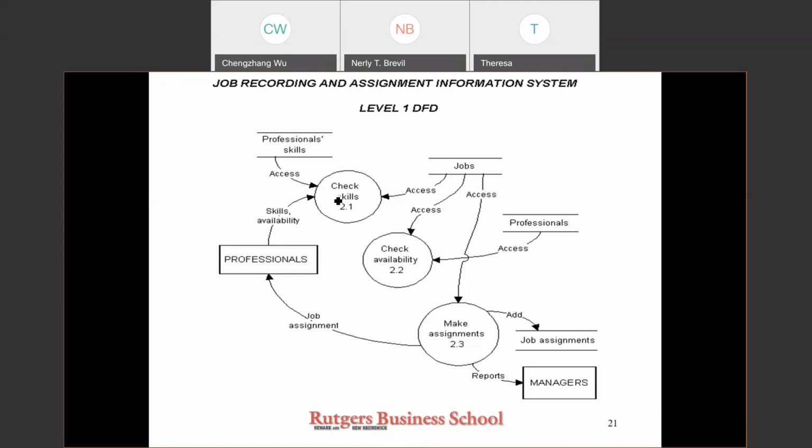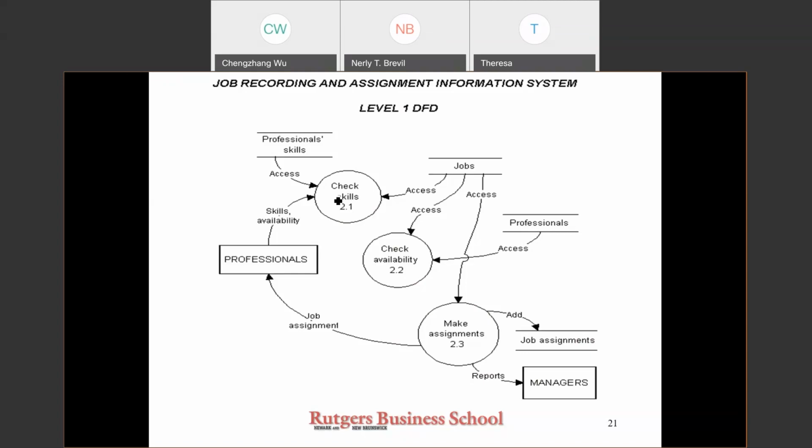In the level 0 DFD for job recording and assignment system, execution of two high-level processes need to be recorded in data store because they are the main processes that the organization would like to plan, to control, and manage.